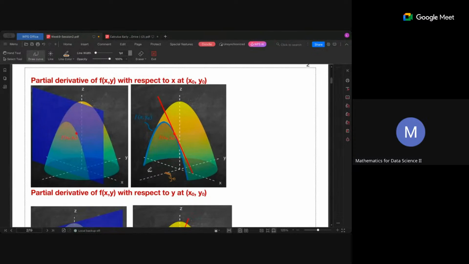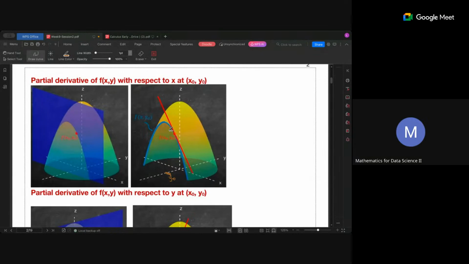So this curve now looks like something in a two-dimensional plane, right? So now what is the rate of change of this particular function? Now you are fixing this y naught, and only varying your x. Now only the x is varying and your y is fixed.